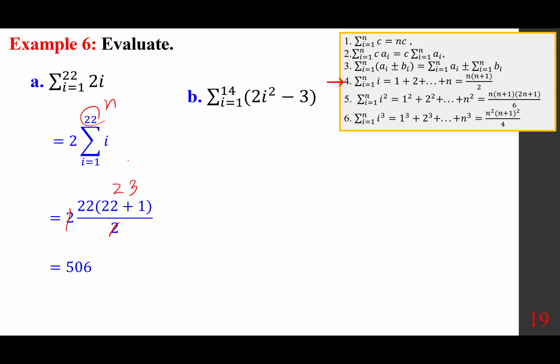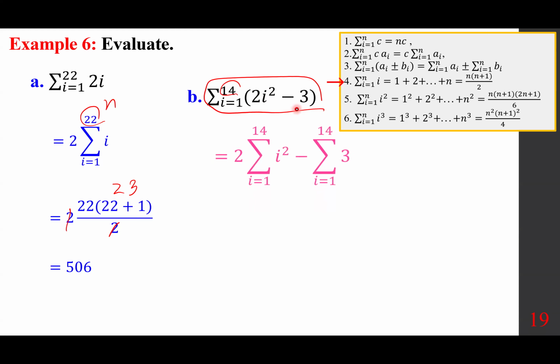What about this one? And remember, this is the top one. We're going to cut this into pieces. How do we do that? For this one, we take the 2 out and we get I squared. This one is just 3. So if you do it as such, it makes it easy.